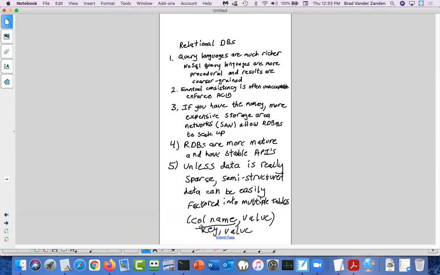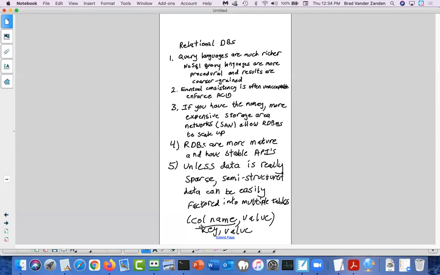So in relational databases, you don't store the column name, you only store the value. But in NoSQL databases, you're always storing the column name and the value, so that quickly can double or more than double the size of the data.